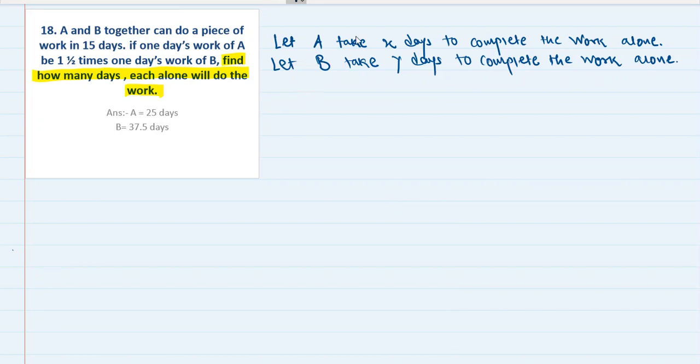One more standard statement which will follow is: in one day, therefore, let's find one day's work of A and B. In one day, A will do... Now, before I write the statement, I would want to talk to you about something.